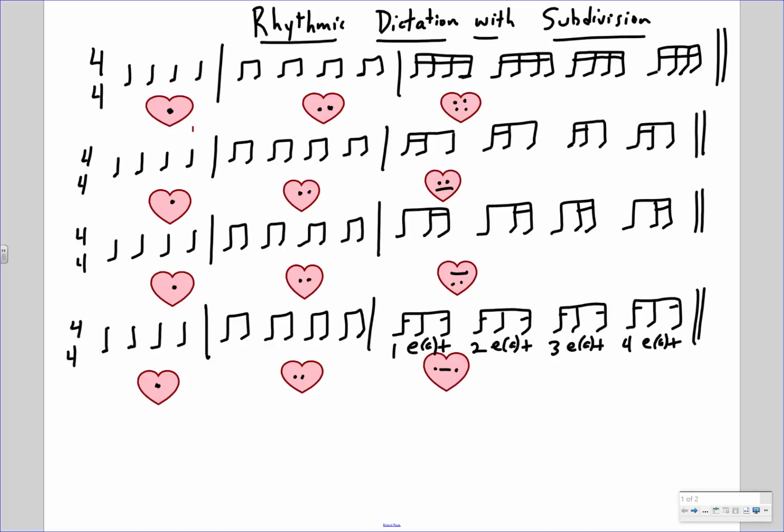I'm going to play all of these measures that we see in order, starting with the first example, so you can follow along and you can maybe look at my little heart system here, my beat heart system, my heartbeat system, I should say. So here I go.